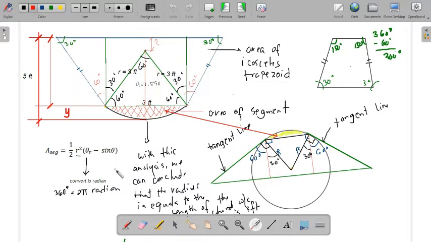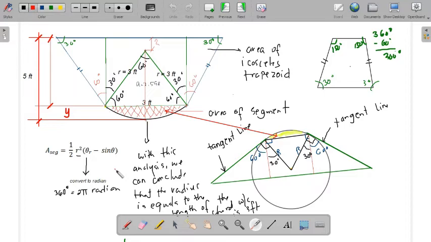To convert this angle, you have to use this conversion factor: 360 degrees is equal to 2 pi radians.